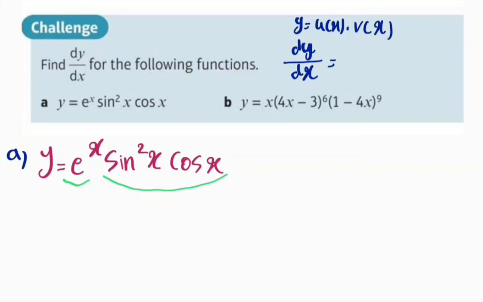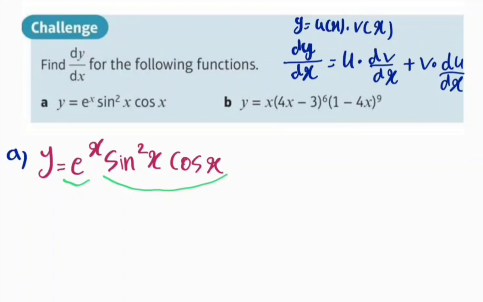Then dy by dx is equal to u times dv dx plus v times du dx. Don't worry too much about the general rule, as long as you for now understand how to use it. That's a good starting point.